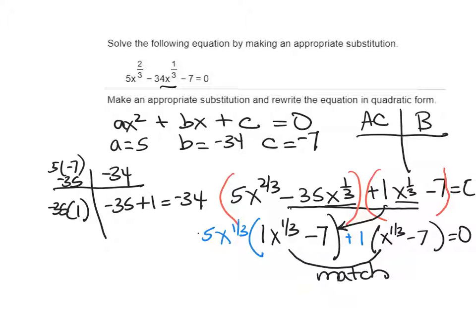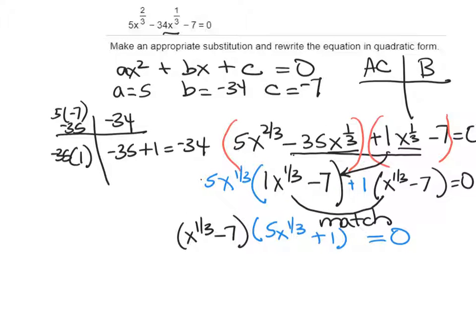Once they match, then your two parentheses come from the parenthesis that matches, so x to the 1/3 power minus 7. And then the other parenthesis comes from what you factored out, 5x to the 1/3 power plus 1 equals 0.